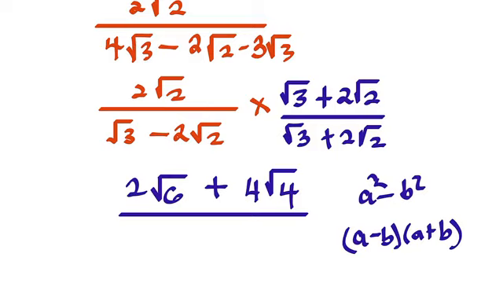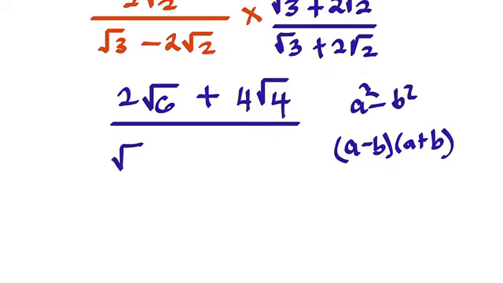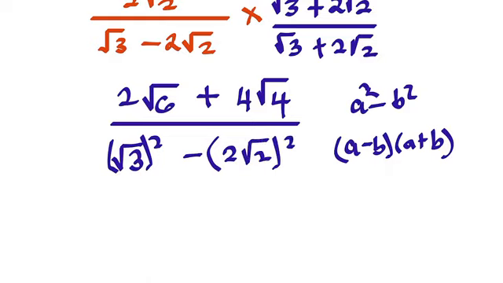So when you have that, what do you think will happen? The same thing we have here, if you look at this here and here, we are having the same thing. So we are now going to write this in the form of this. Are you getting it now? So you're going to have it like this: root 3 to the power of 2, then minus 2 root 2 to the power of 2.